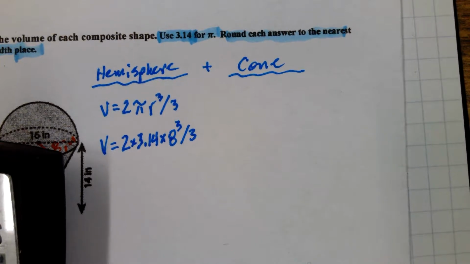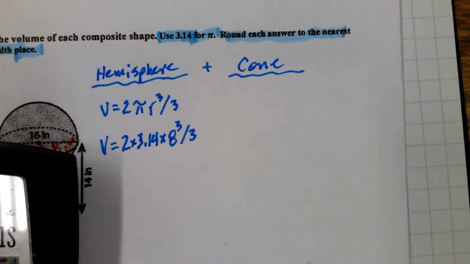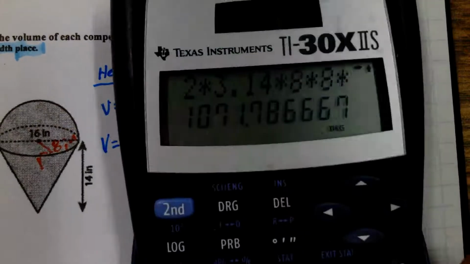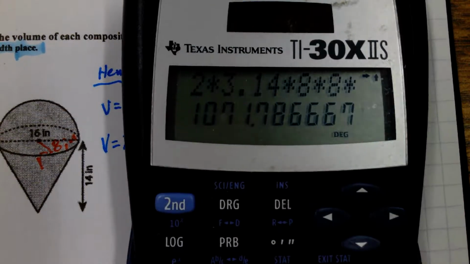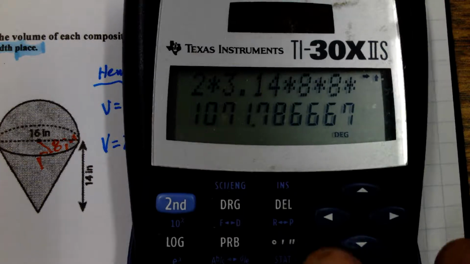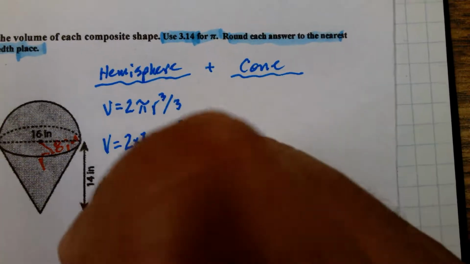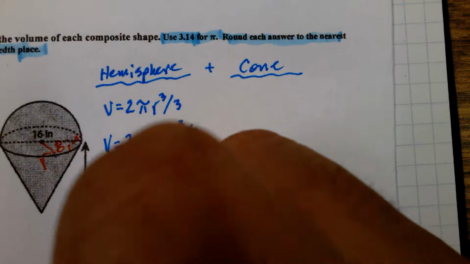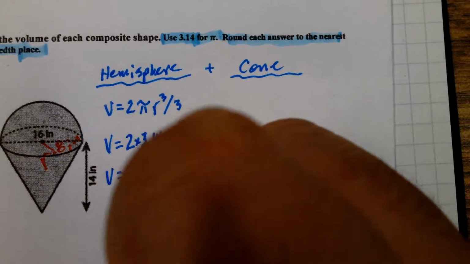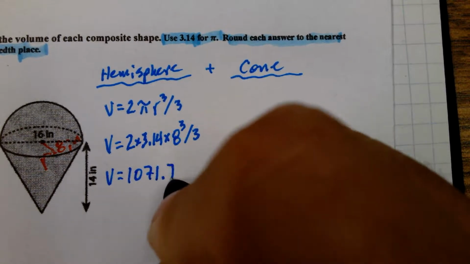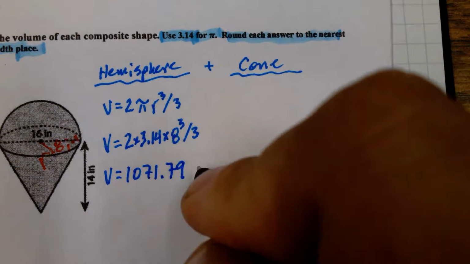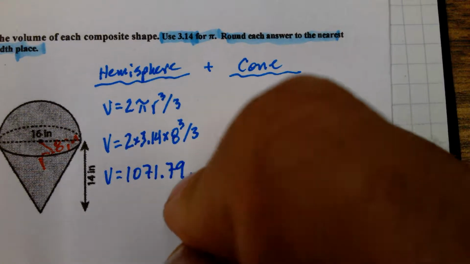I get this answer. So that's 1071.79. Let's write that down: 1071.79, and that's cubic inches.